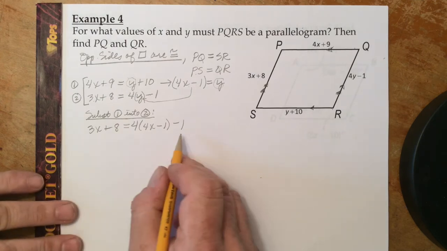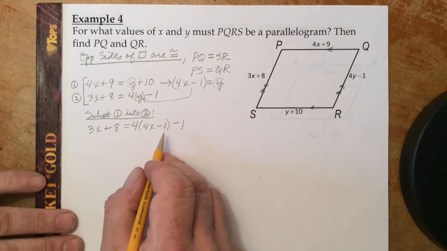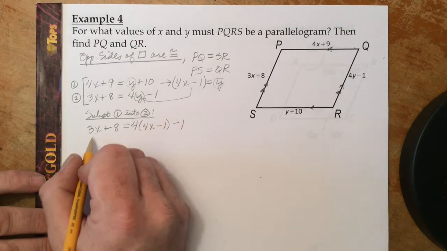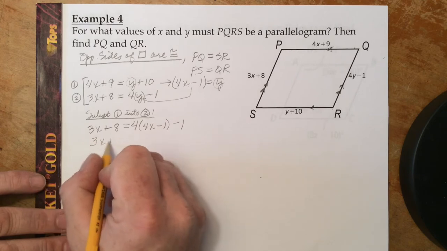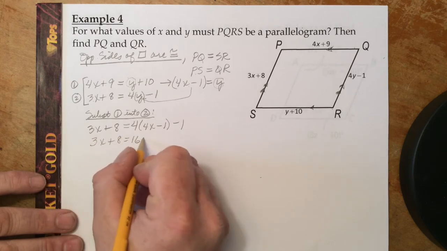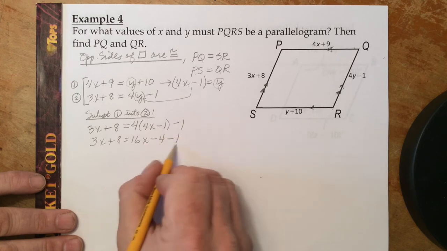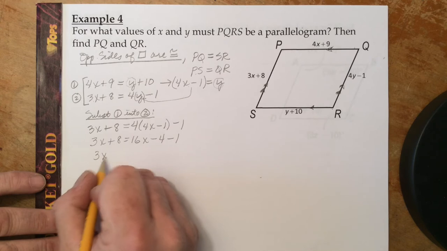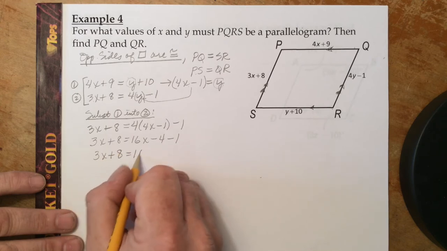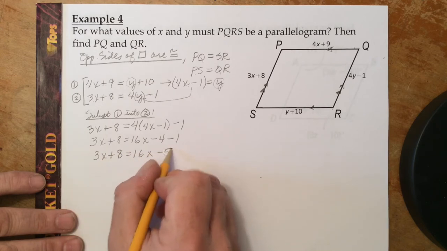Notice everything is in terms of one variable, x. Now we can solve for x. Using the distributive property on the right side, we have 3x plus 8 equals 16x minus 4 minus 1. Combining like terms on the right side, we get 3x plus 8 equals 16x minus 5.